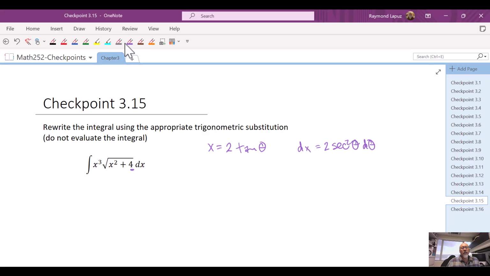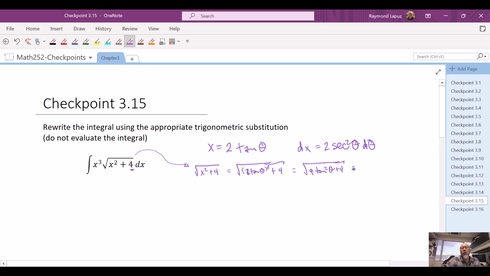Well, let's also acknowledge what's going to happen here. If we take the square root of x squared plus 4 using this substitution, we will have the square root of 2 tan theta squared plus 4. This will be the square root of 4 tan squared theta plus 4.